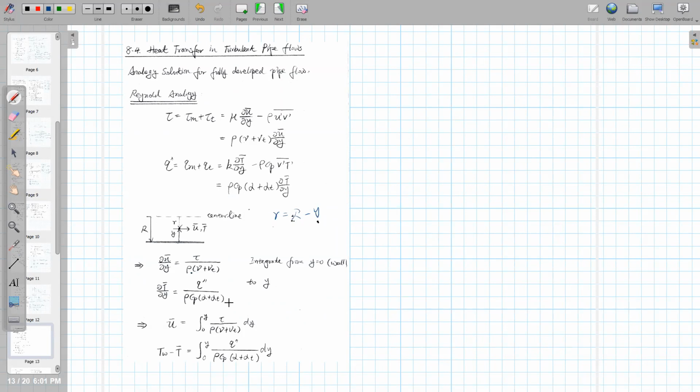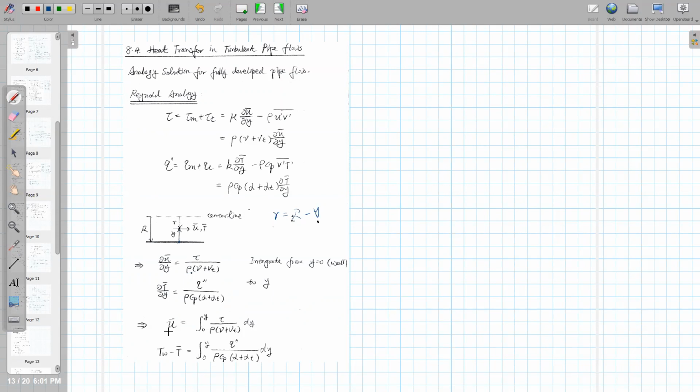Again, you do integration. Here you integrate from 0, which is y equal to 0 at the wall, to any point y in this pipe flow. y can be anything between 0 and R.